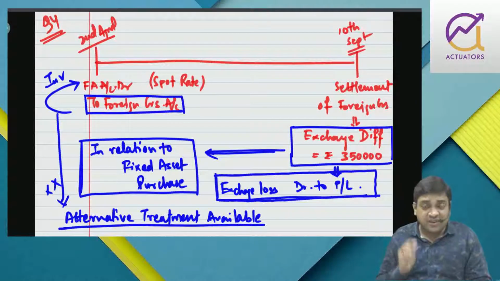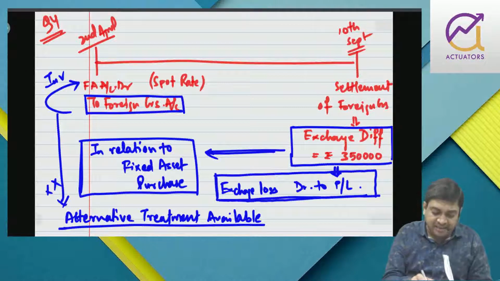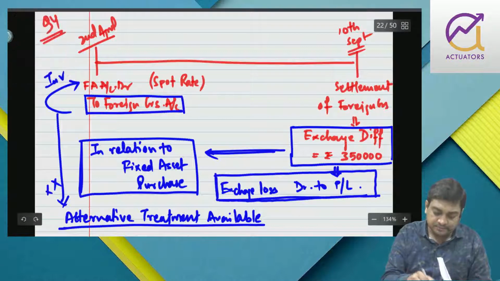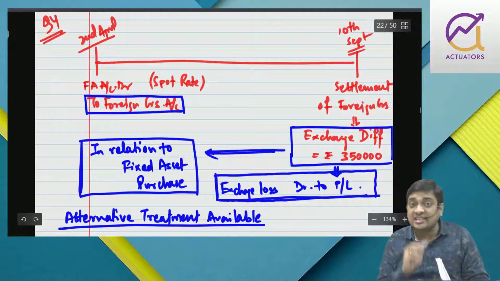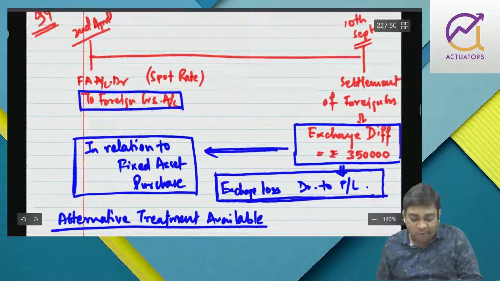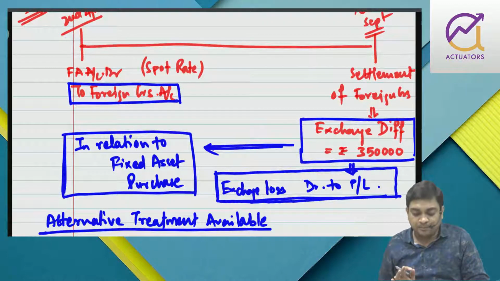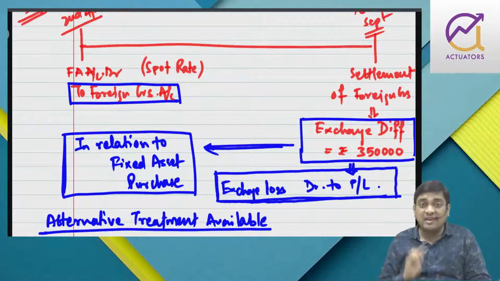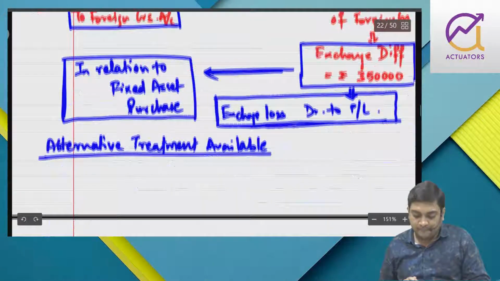If exchange difference is in relation to fixed asset, then there is one alternative treatment available. If I would have purchased inventory, then while settling this foreign creditor, whatever exchange difference arises will be debited or credited to PL. Only and only if it is fixed asset, right?